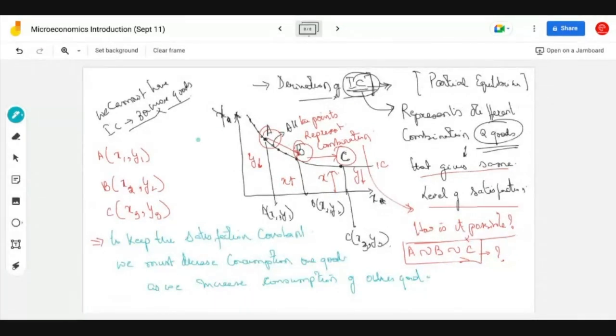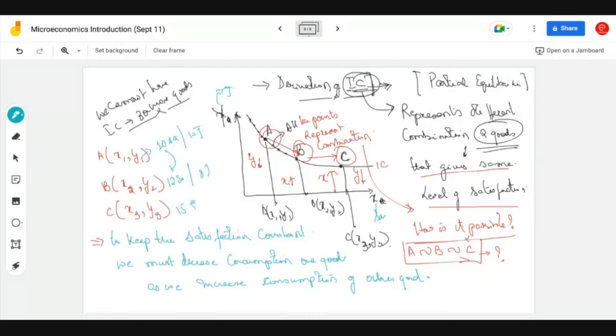Otherwise, what happens? Let's say this is nothing but 10 samosa and 10 jalebi. Okay, so over here, what we are saying is that let's say our samosa is increasing. So this is your samosa, this is your jalebi. So at X2, we have let's say 12 samosa and 8 jalebi.